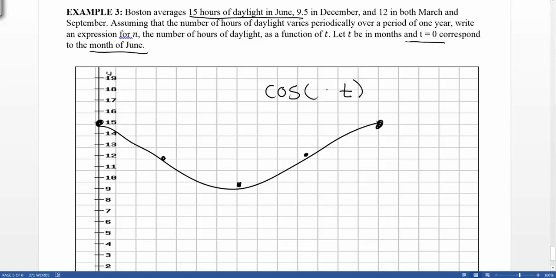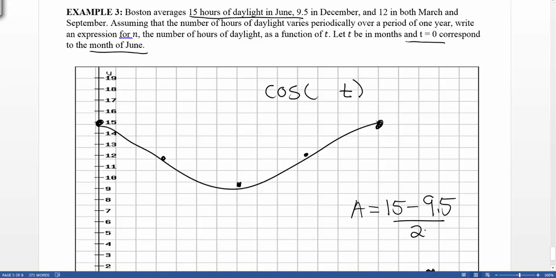And I need to figure out my amplitude, my period, and my shift. So let's start with the amplitude. So the amplitude, I'm going to take my maximum value, which appears to be 15, minus my minimum value, which is 9.5. And then I'm going to divide that by 2.